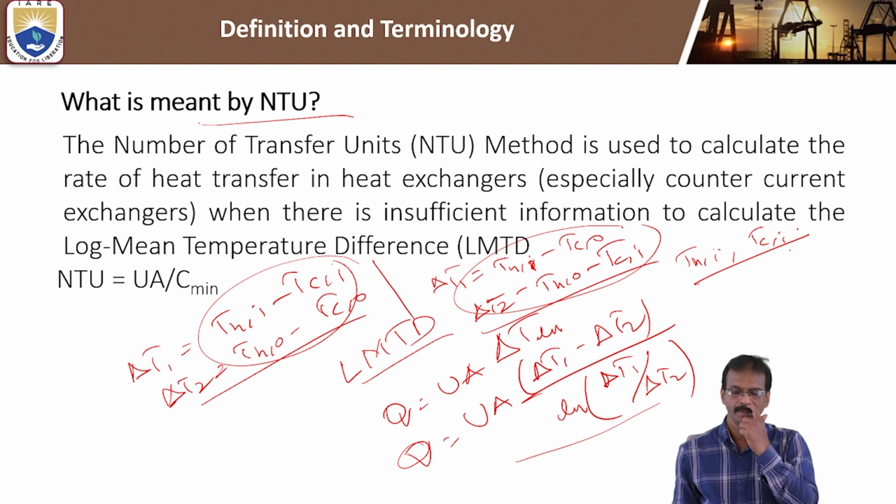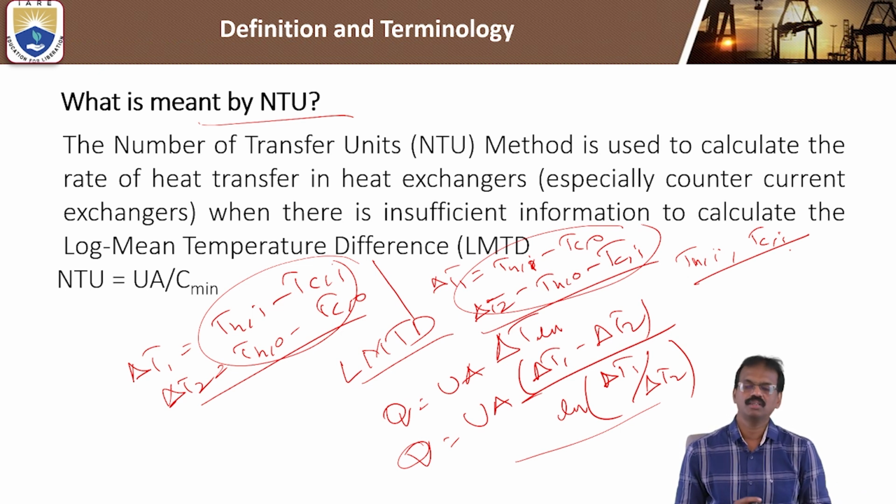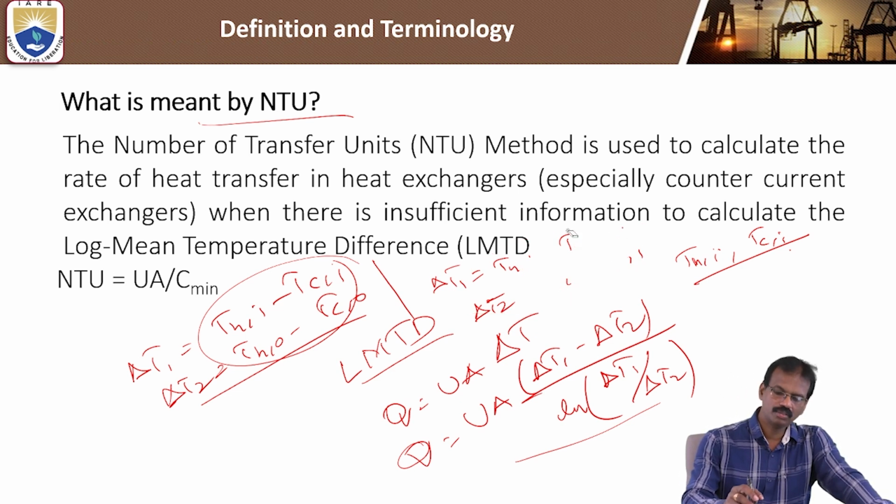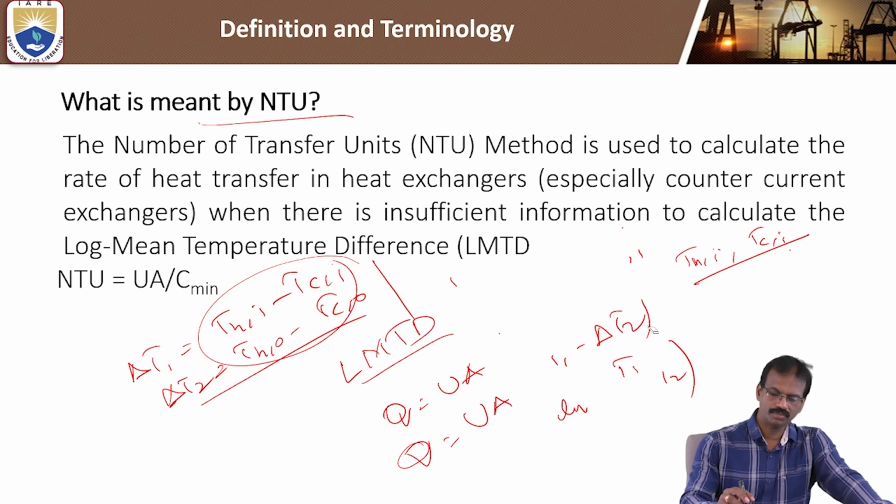We don't know the outlet temperatures of both the fluids, because the outlet is attached to another thing. Sometimes we are unable to find the outlet values of hot fluid and cold fluid. Okay. So in those cases, we can't use the LMTD method to find the rate of heat transfer.